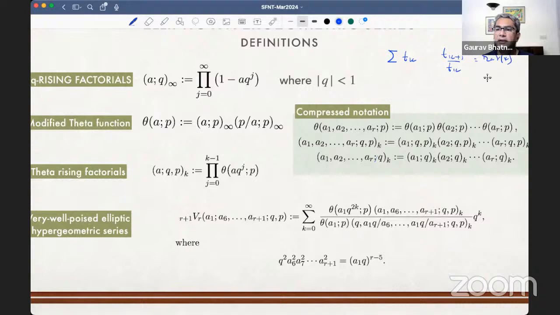That's hypergeometric. If it's a rational function of q raised to k, it's q hypergeometric, or a q series. And here it's looked at as a rational function of elliptic functions.